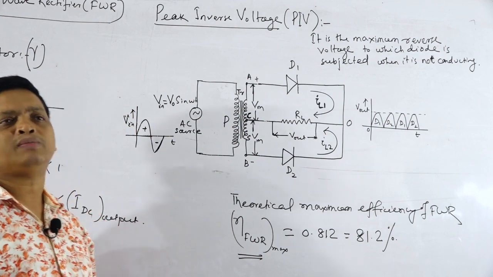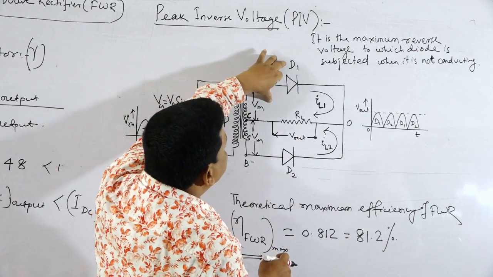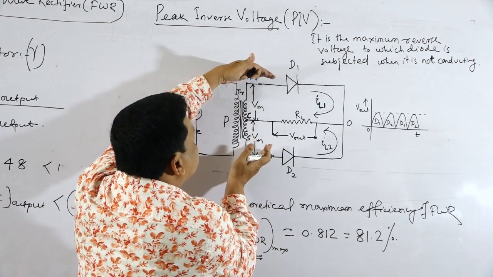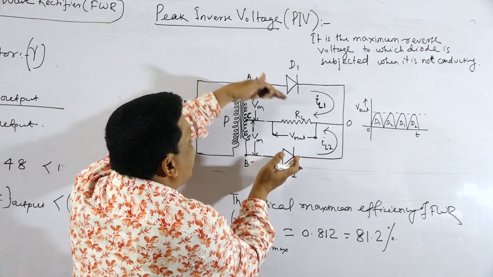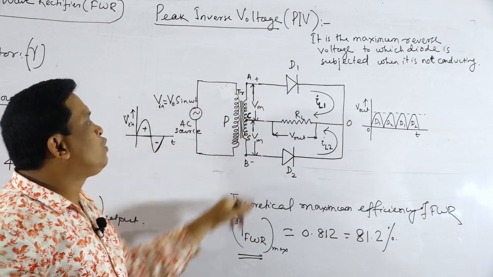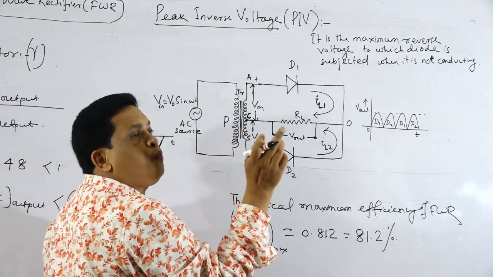So when diode D1 is conducting and D2 is non-conducting, the maximum voltage that diode D2 is facing is Vm plus Vm, that is 2 Vm.